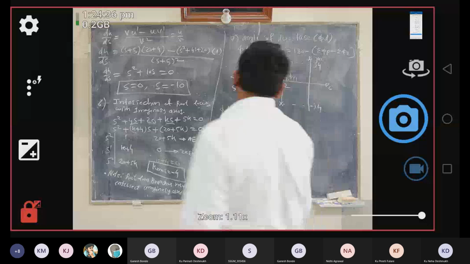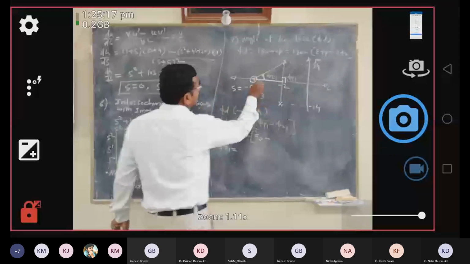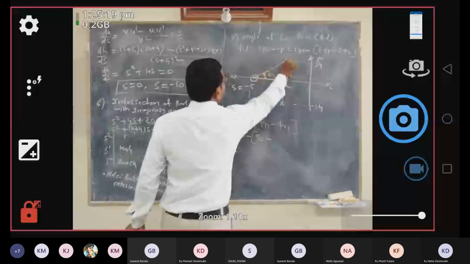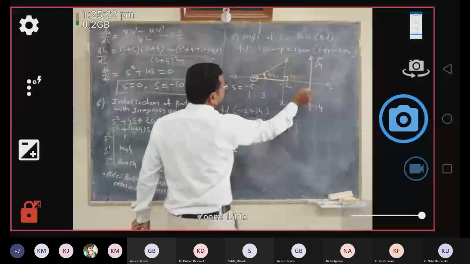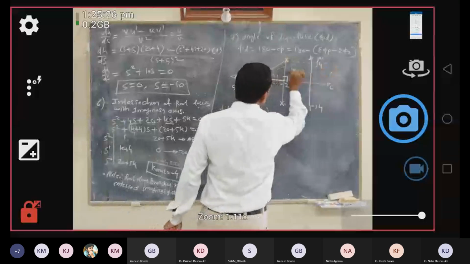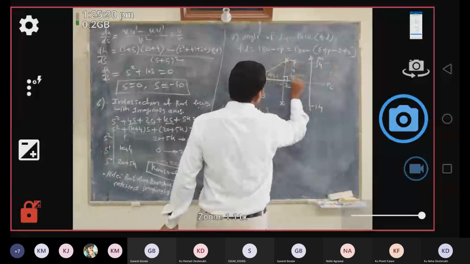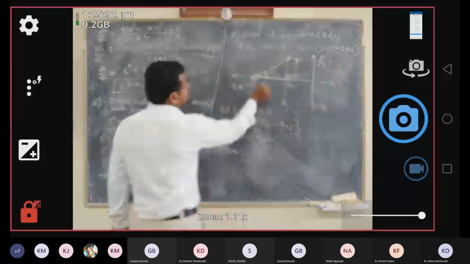What is this length? This is minus 2 minus 5. So it could be 3. And this length or this length, this could be 4. This total length is 4 up to this point. Okay, so what is this?